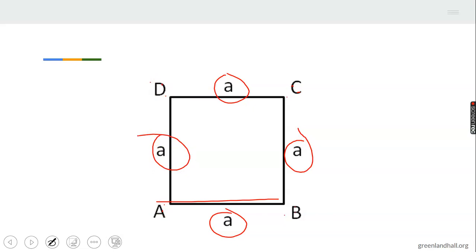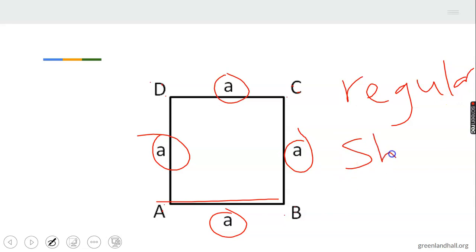Whenever you see a shape like this, it is called a regular shape, because all the sides are equal. For instance, if here is 2, definitely all other sides will be what? 2.